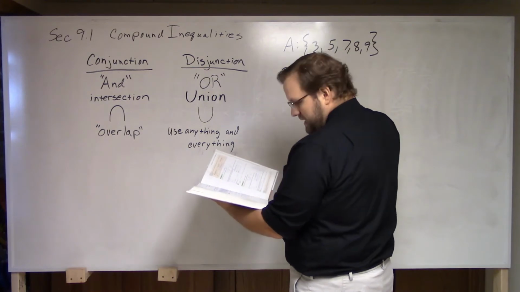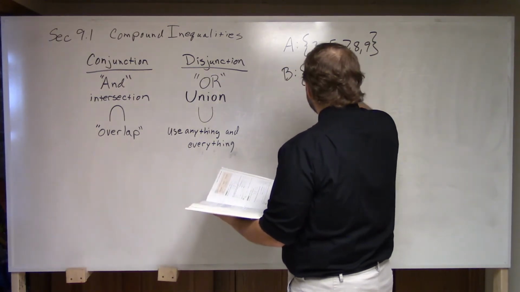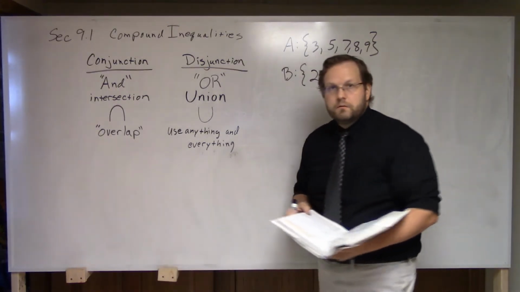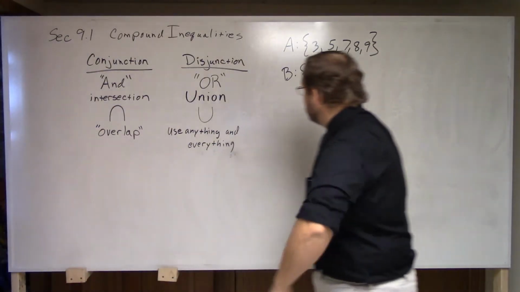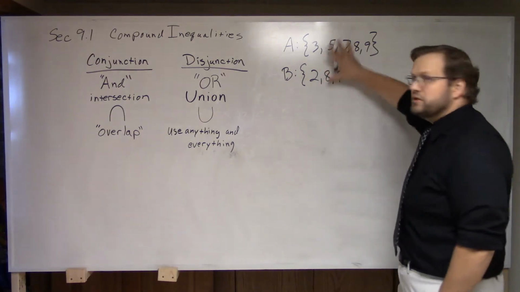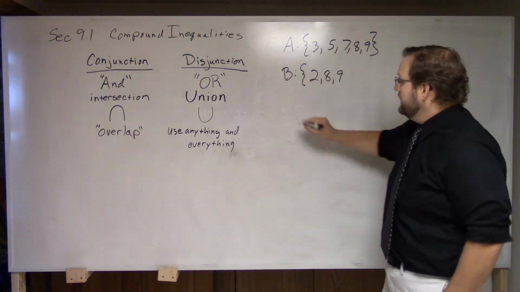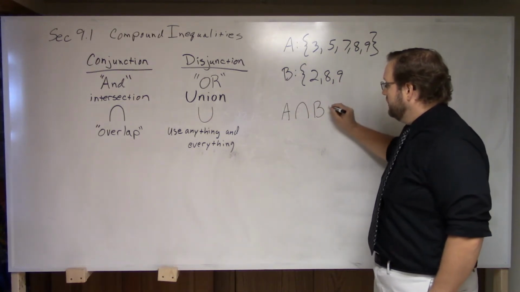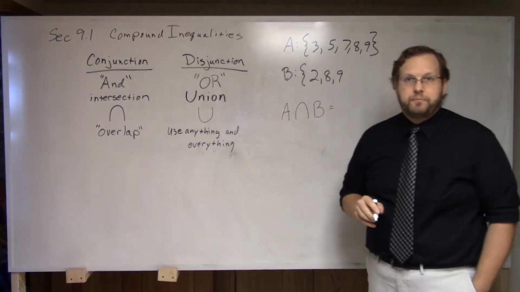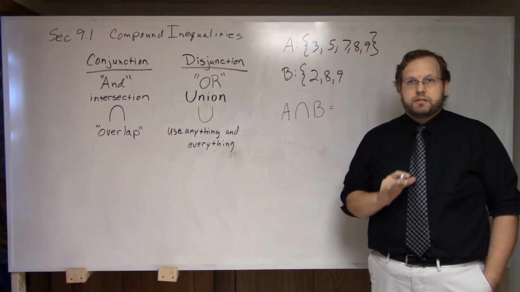And set B is 2, 8, and 9. Okay? Now, let's say I ask you, given those two sets, and don't worry about where these are coming from, they're just given to you. Let's say I ask you to find A intersected with B, okay? A intersection B.